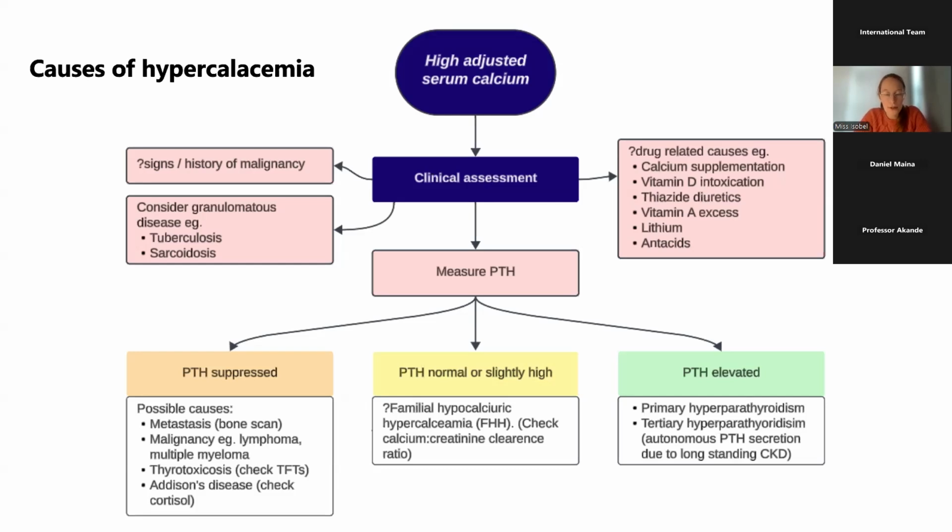This is a genetic disorder, and the patient is usually asymptomatic, and it can run in families as well. If the PTH is elevated, you're looking more towards conditions such as primary hyperparathyroidism and potentially tertiary hyperparathyroidism, in which the most common cause of that is long-standing chronic kidney disease.